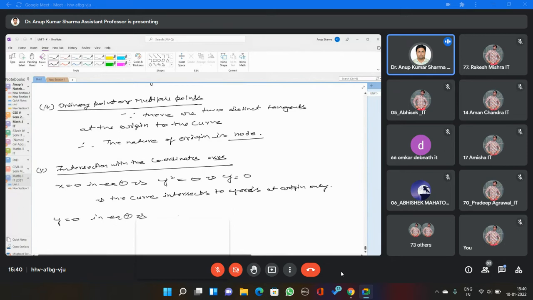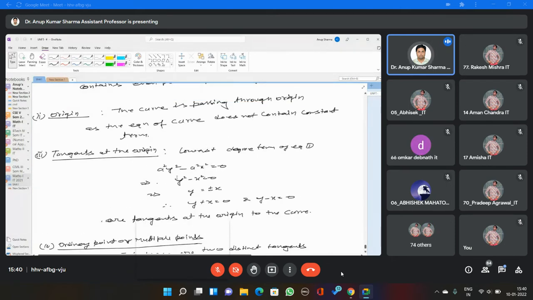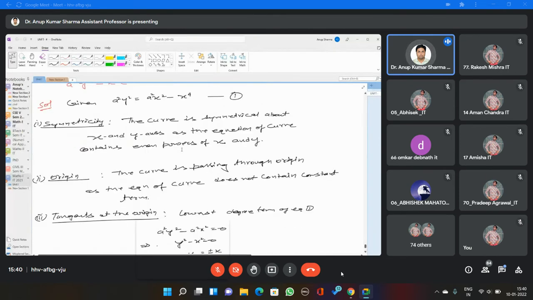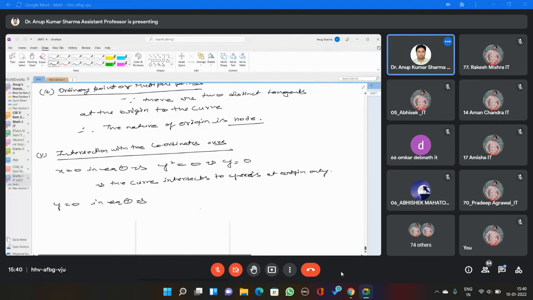This implies that when y is equal to 0, we get x square times a square minus x square is equal to 0. So this implies that x is equal to 0 and x is equal to plus minus a.